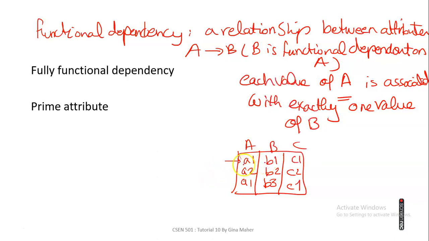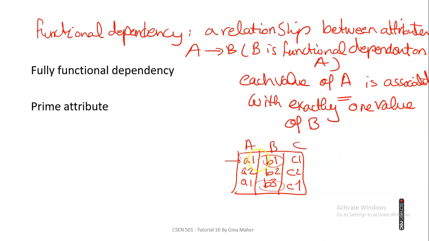Let's see if there is another A1 in this table. Actually, there is another one which is associated with B3, which means that if I gave you A1, you would not be able to decide the value of B, because once it is B1 and another time it's B3. So in this case, each value of A is not associated with exactly one value of B, because A1 is once associated with B1 and once with B3. So A does not imply B, and B is not functionally dependent on A.